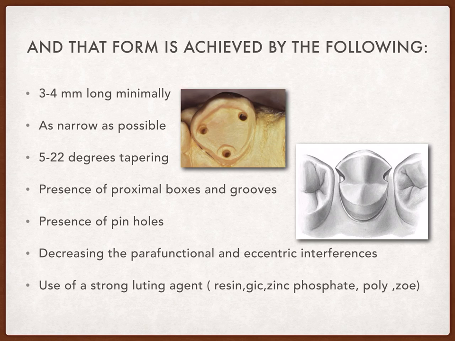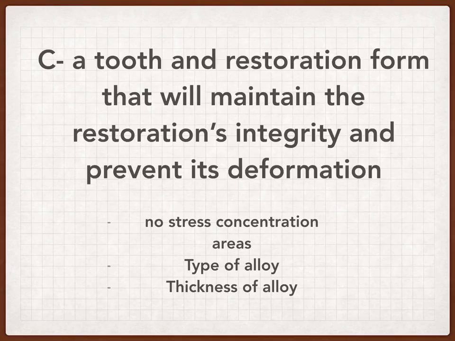Okay, the last mechanical consideration is a tooth and restoration form that will maintain the restoration's integrity and prevent its deformation, and that is by having no stress concentration areas like in the principles of the tooth preparation to receive a filling, and that depends also on the type of the alloy and on the thickness of the alloy.